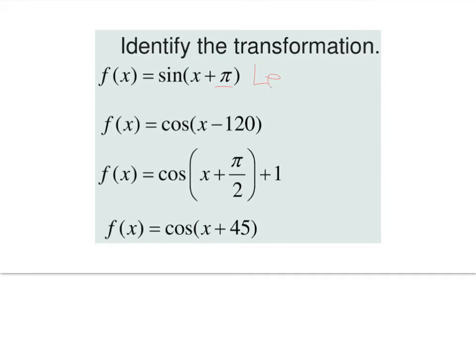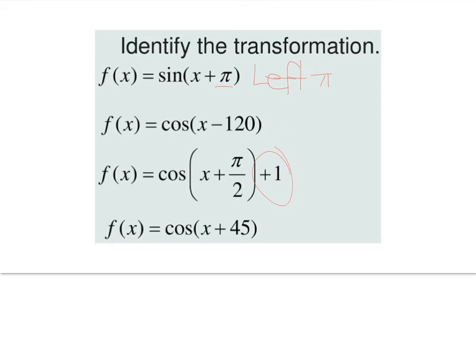I also have a question. You say going to the left, but what if there was a plus, like let's say a plus pi, outside of the parentheses? Would that mean left pi and right pi nullify each other? No. If we're adding something outside of the parentheses, what does that do? It shifts it, but how? Horizontally? No. Up or down? Up or down, okay?